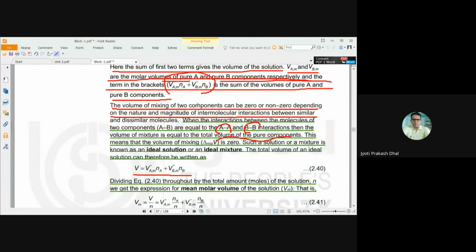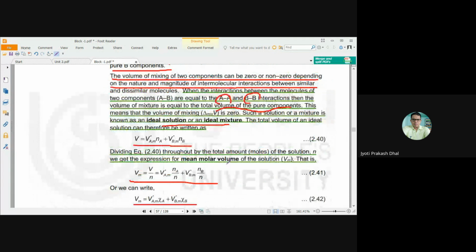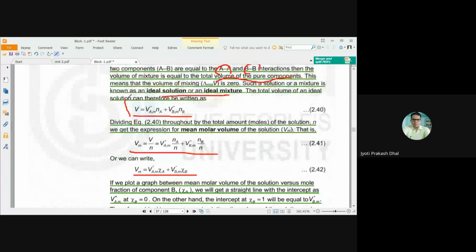That means the term in the bracket becomes zero, and hence del mix V becomes zero. Such a mixture is known as an ideal solution or ideal mixture. In that case, V equals VAM star NA plus VBM star NB.